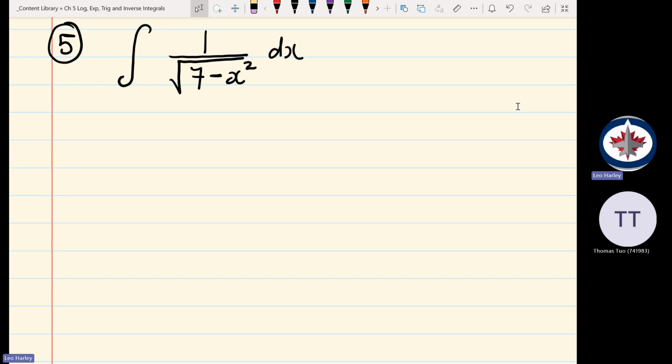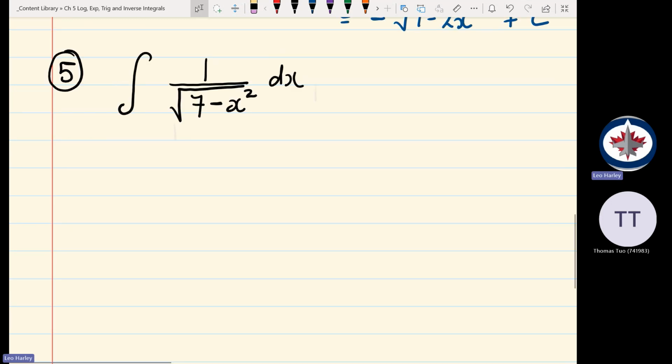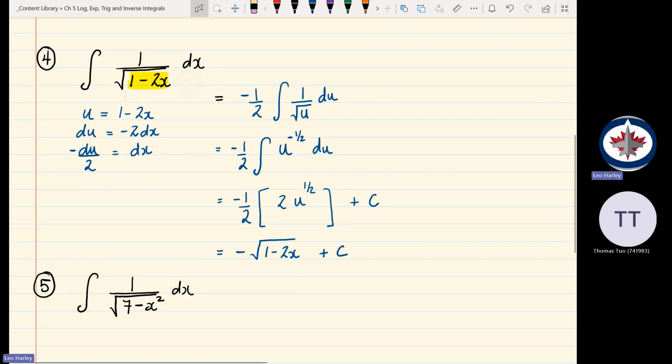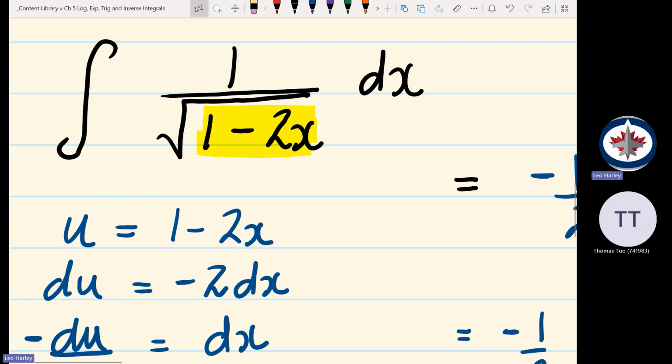Can you see this function within the square root is too dynamic for us? Is it not a squared minus u squared? It's interesting that we do this comparison, right? Because in the previous one, it was just 1 minus 2x. Nice, friendly, linear function.